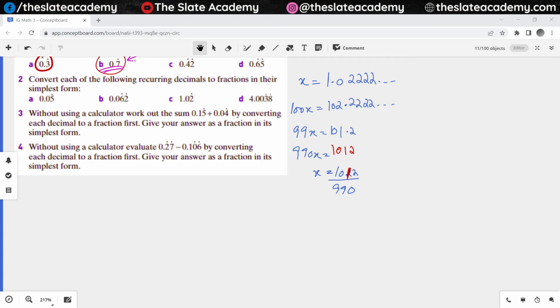And now 1012 I can divide by 2, or I can divide by 11. In short, this would be reduced to 46 by 45, which would be equal to 1 whole 1 by 45. This is for question number 2C.